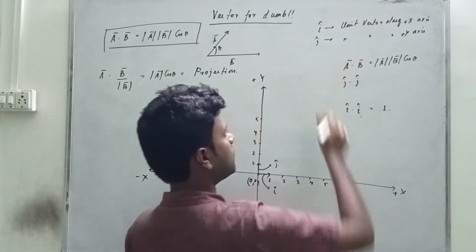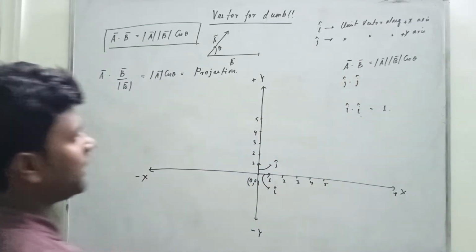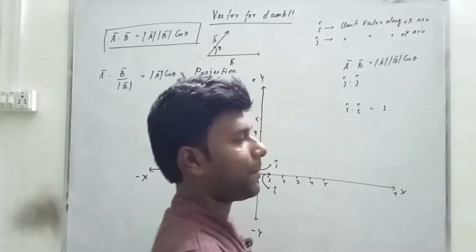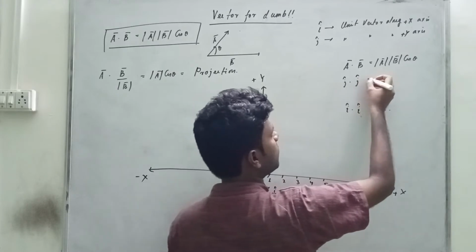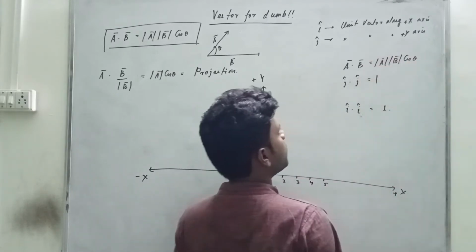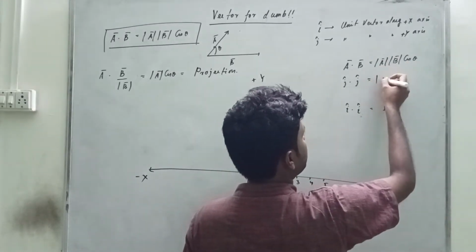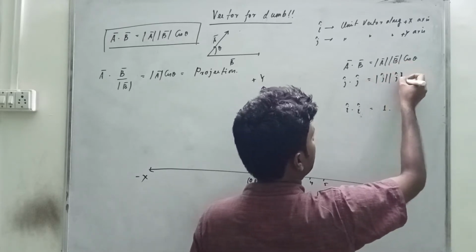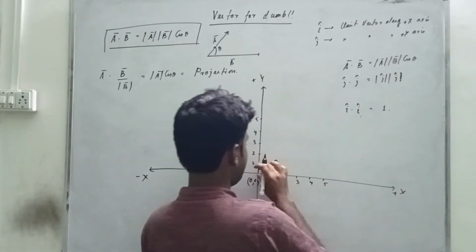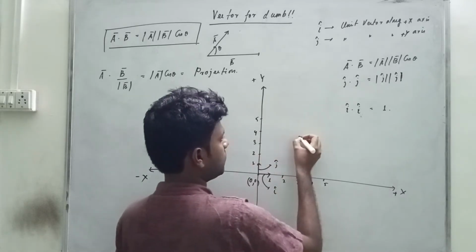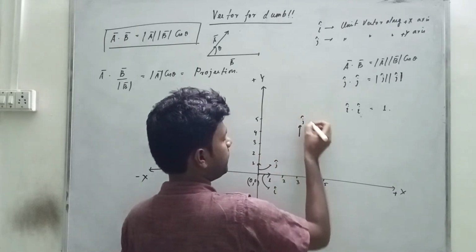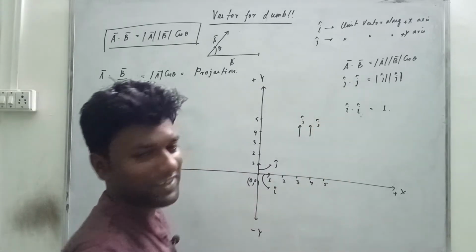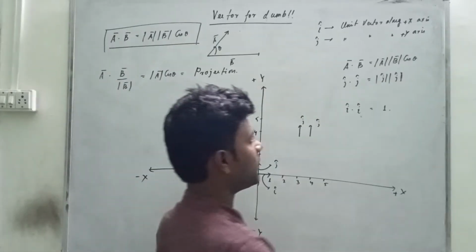On the right part of our equation, instead of A just place j cap and instead of B just place j cap. Obviously it is j cap and another j cap, and the angle between j cap and j cap goes to 0.